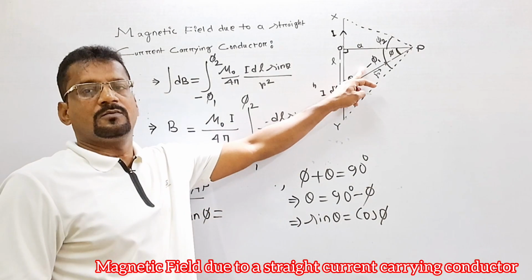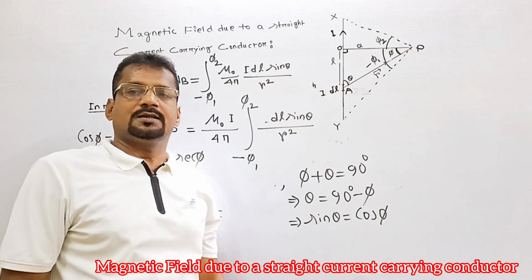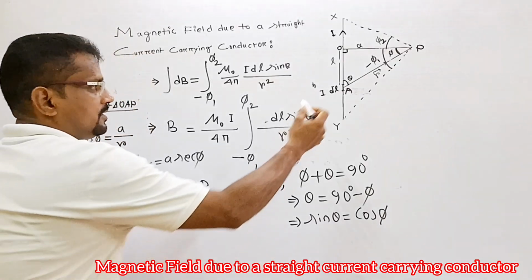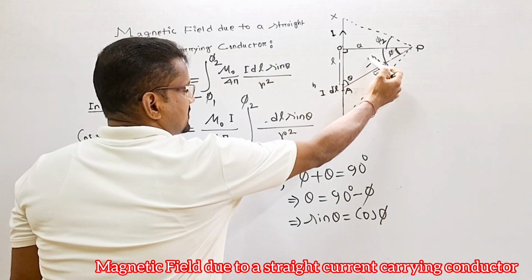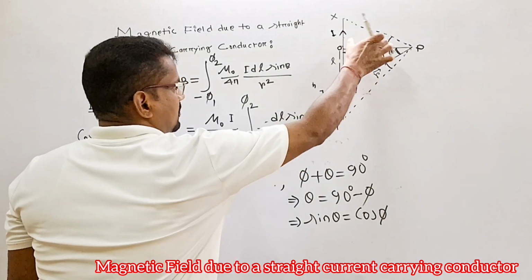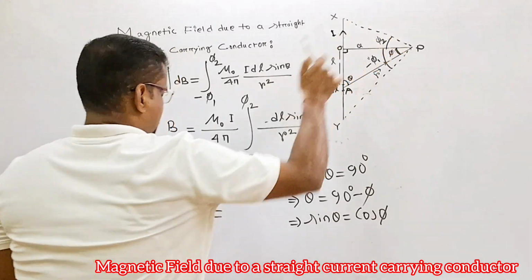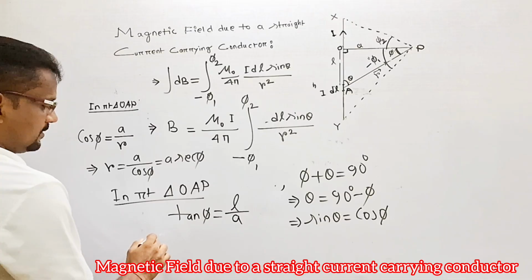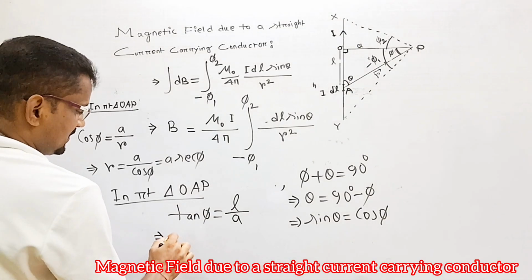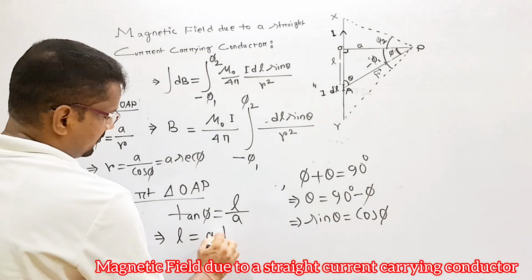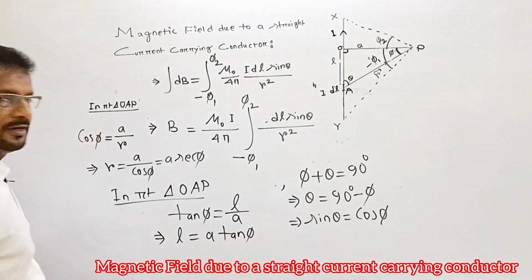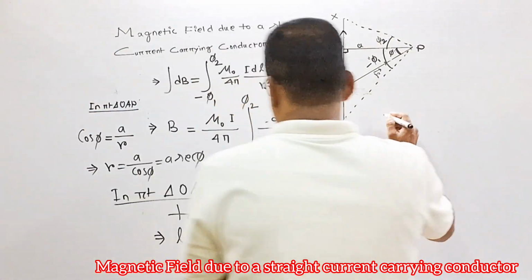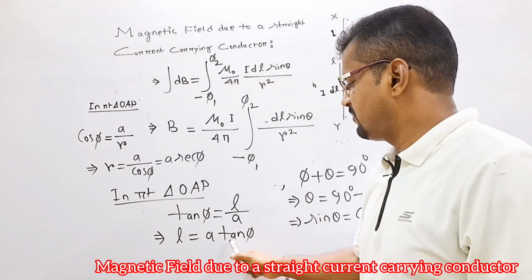You have to use tan phi. In the right triangle, this angle is phi, so tan phi will be perpendicular by base, that is L by a. So L equals a tan phi.